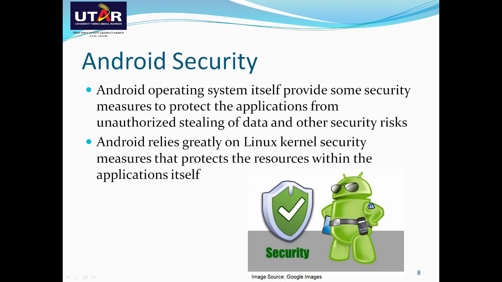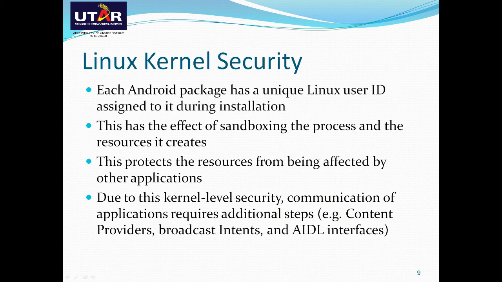In Android, the operating system provides some basic security measures to protect applications from unauthorized stealing of data and other security risks. Android relies greatly on Linux kernel security measures that protect the resources within the application itself. The Linux kernel security allows each Android package to have a unique Linux user ID assigned to it during installation.